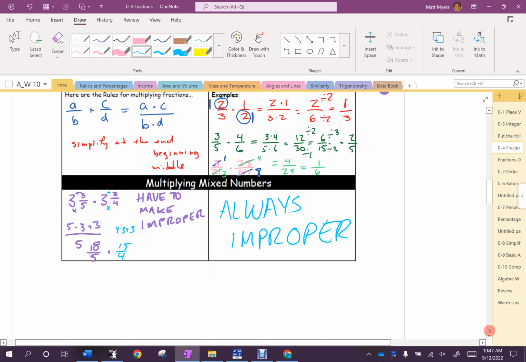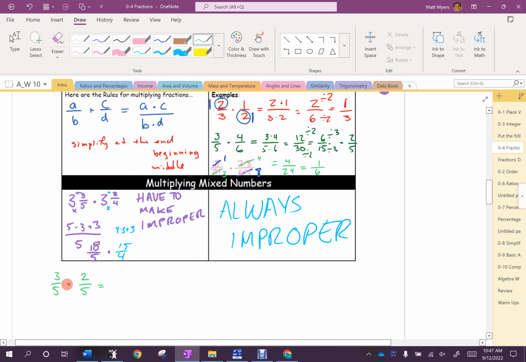Let's do some practice. Everybody should do this on their own. This part, these easy ones, quietly. 3 fifths times 2 fifths. Take a moment. Figure it out. It won't take long. Give me the answer. You can use your calculator if you need to, of course.